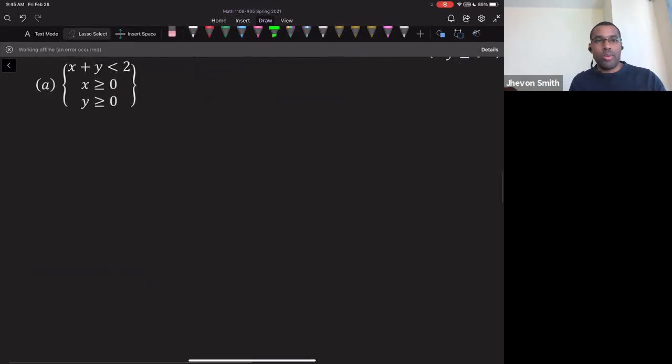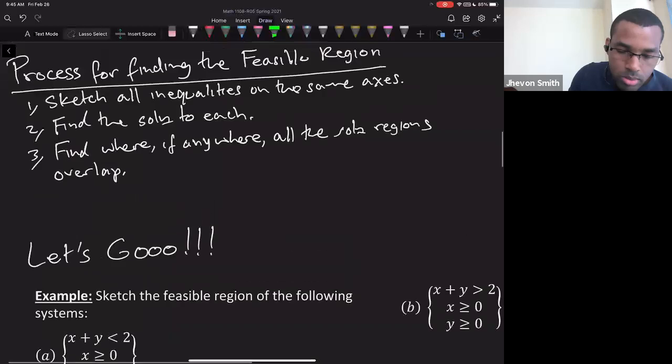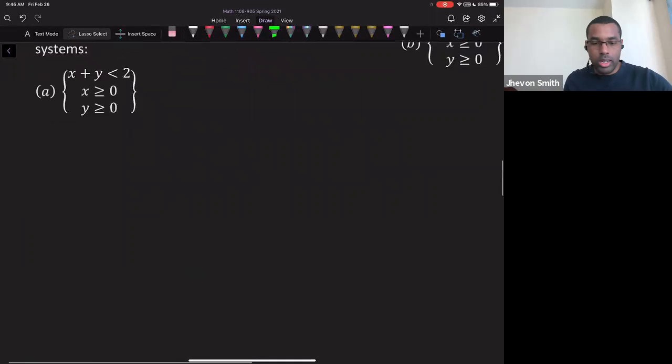So you sketch it, you find the solution. Parts 1 and 2, I taught you how to do last class. Now part 3 just comes down to figuring out the overlap of all of these situations.